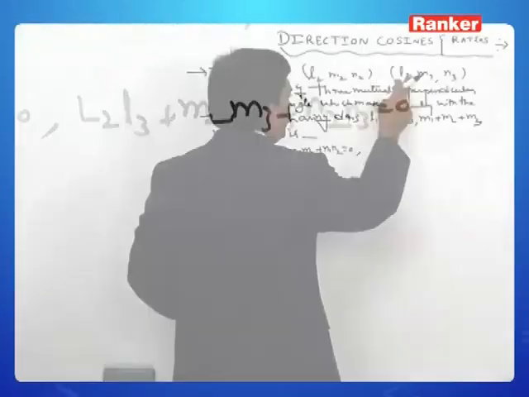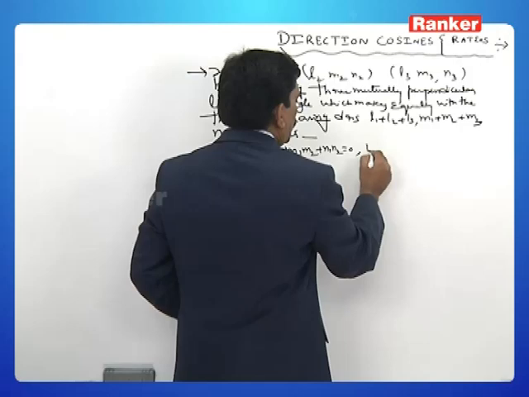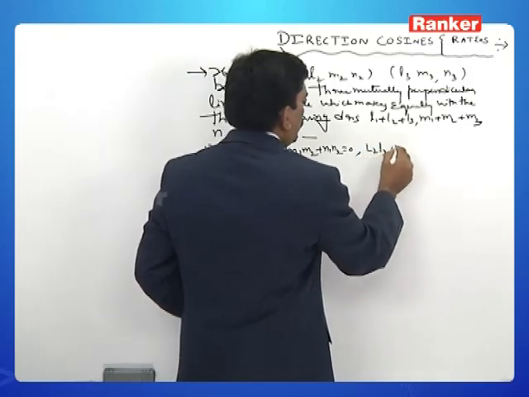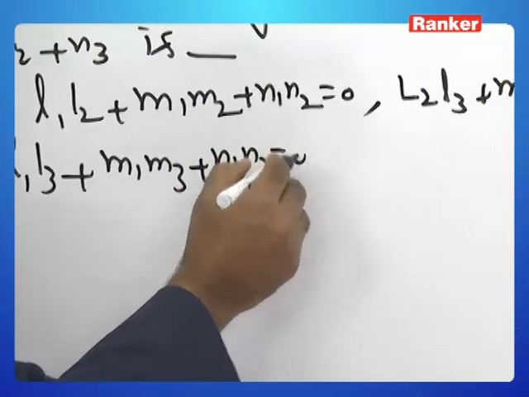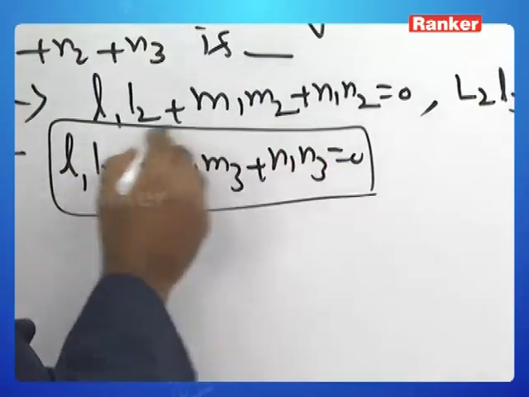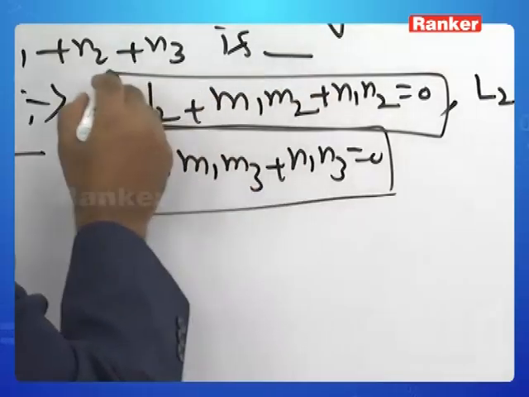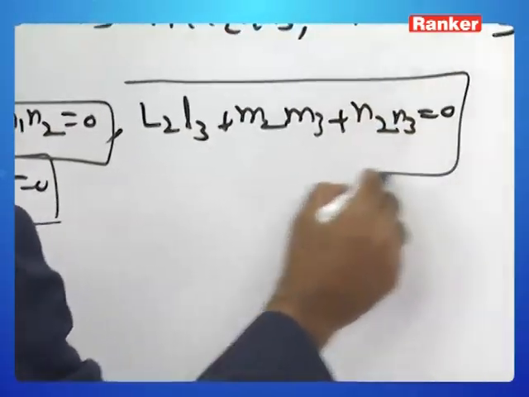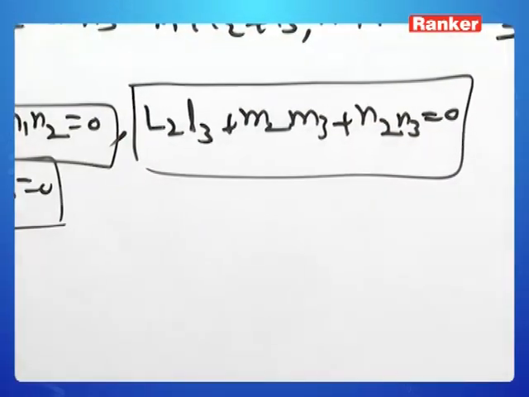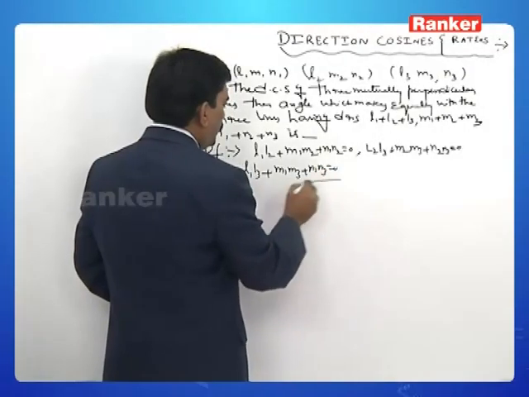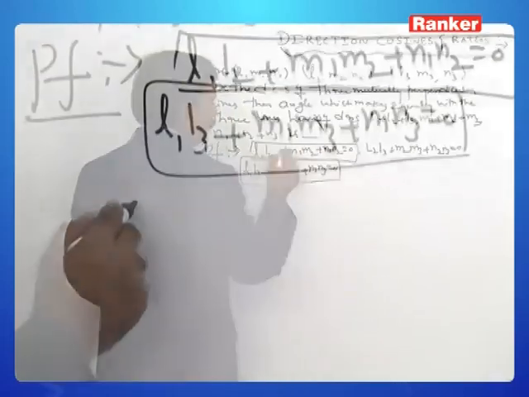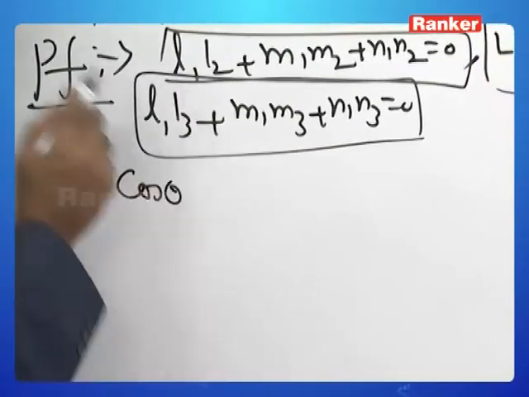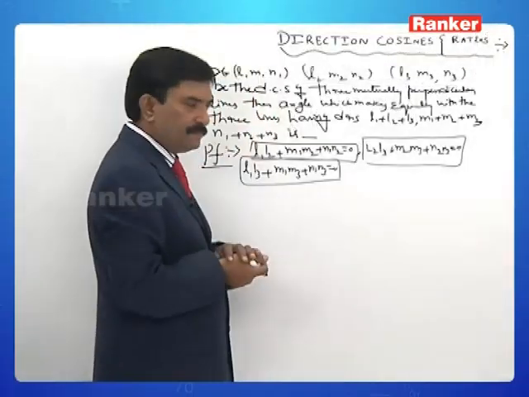Similarly, for two lines having these DCs, l2 l3 plus m2 m3 plus n2 n3 is equal to 0. Next, l1 l3 plus m1 m3 plus n1 n3 is equal to 0. These are the conditions for three mutually perpendicular lines.